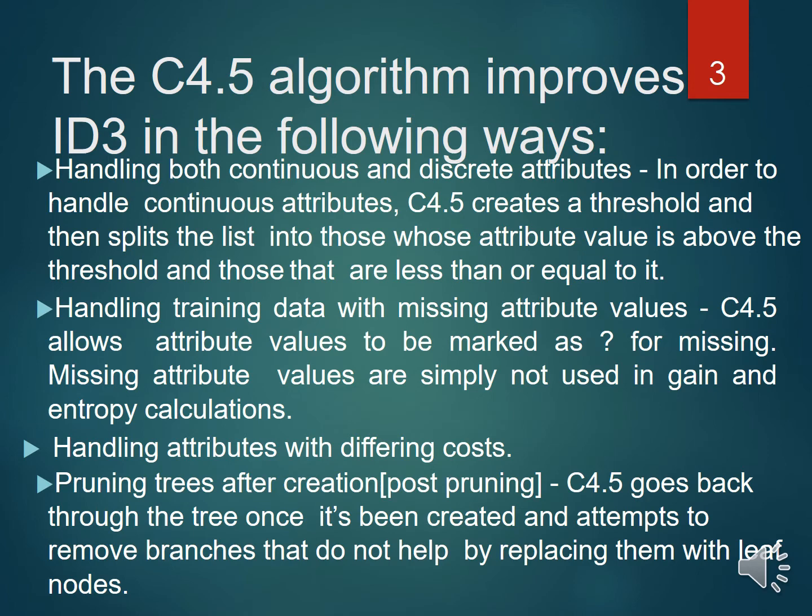Pre pruning is done before the tree is completed, and post pruning is done after the completion of the tree. Here we use post pruning, that is, pruning the tree after its creation. C4.5 goes back through the tree once it's been created and attempts to remove the branches that do not help by replacing them with leaf nodes. So unwanted branches will be removed and replaced with leaf nodes.